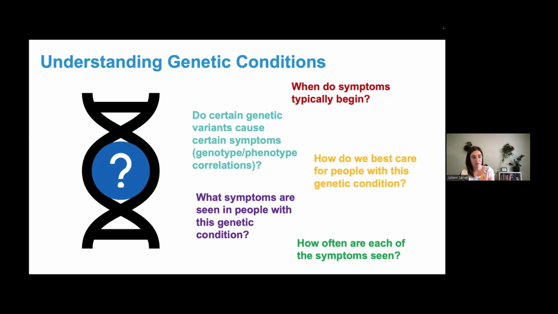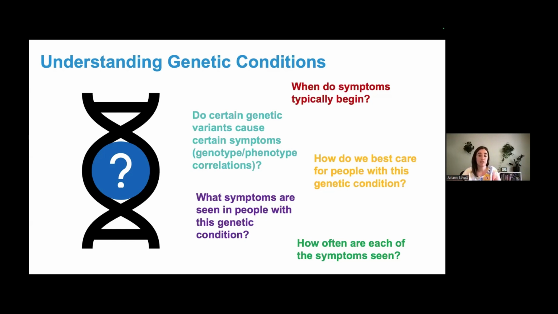So we might know, yes, this gene is tied to disease. Yes, this specific genetic change causes that condition. But we might still have questions around, well, when do symptoms typically begin? Are there certain genetic changes that cause certain symptoms? Like maybe individuals with this specific variant are more likely to have this risk compared to people with a variant over here in that same gene.